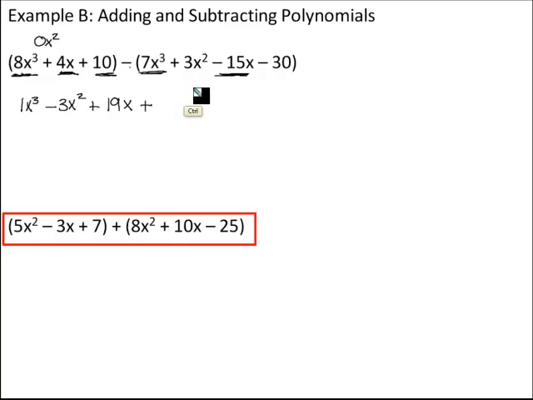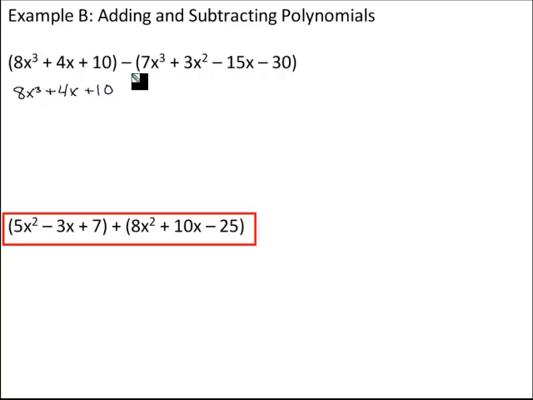Okay? If we go the other way and we distribute the negative, then I'm just going to rewrite out what we have. We have 8x cubed plus 4x plus 10, and then I'm going to distribute this negative. Negative 7x cubed, negative 3x squared. This will turn us positive 15x. A negative and a negative is positive. And positive 30. Okay, and then I'm going to simplify by adding like terms.